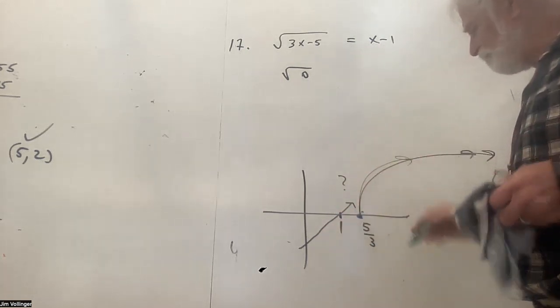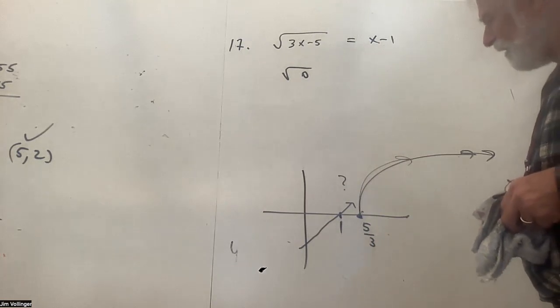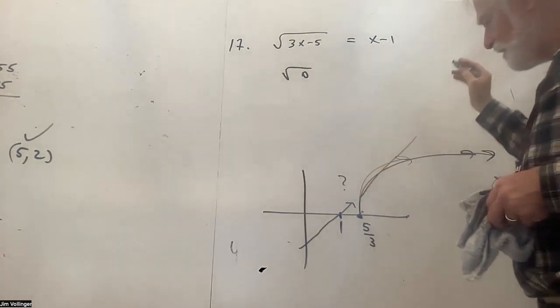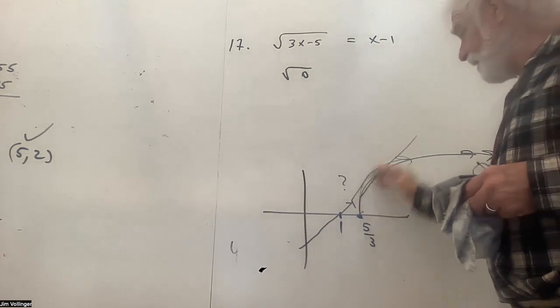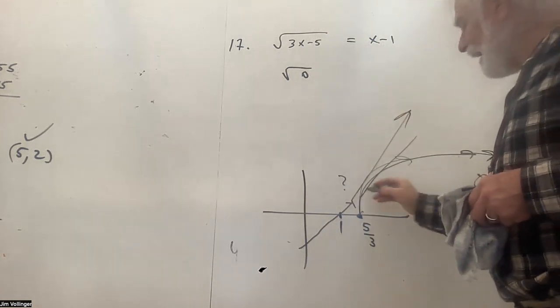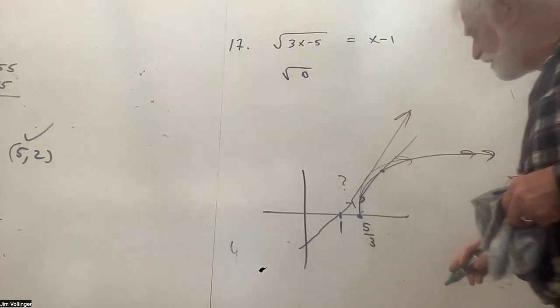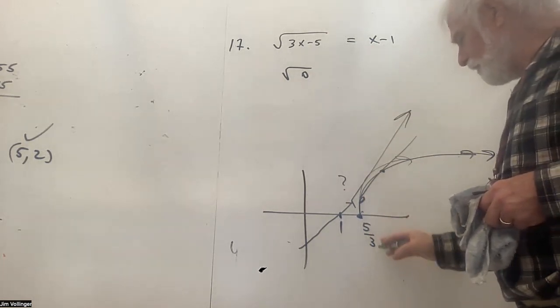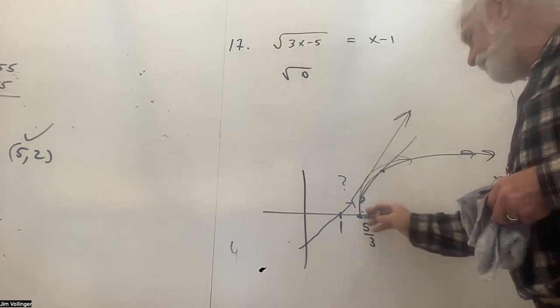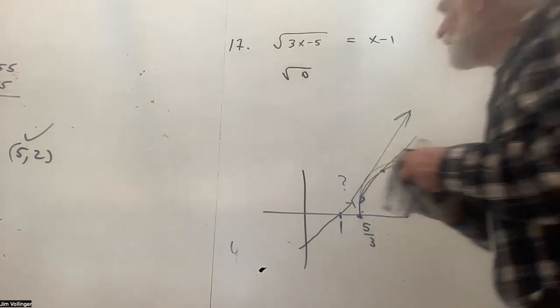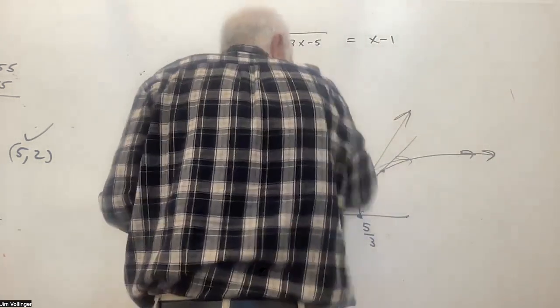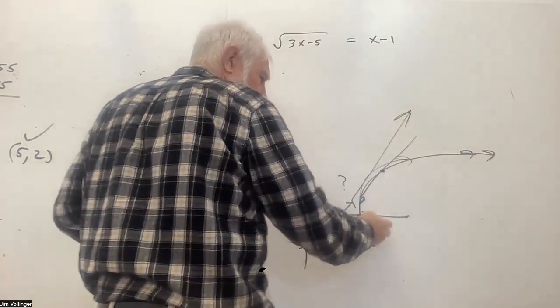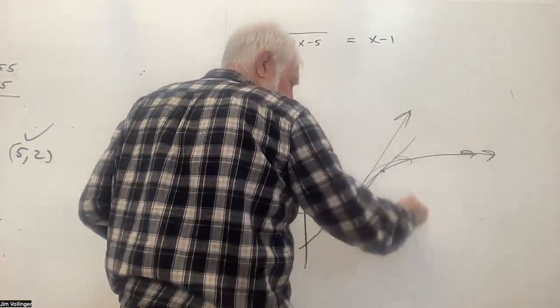So the question is, I think we're probably going to get 2 intersections, but it might miss. I'm betting on 2 intersections. One answer is just a little bit bigger than 5/3. No, it can't be 5/3. All right, let's find it. I think we've got 2 numbers near 2, maybe.